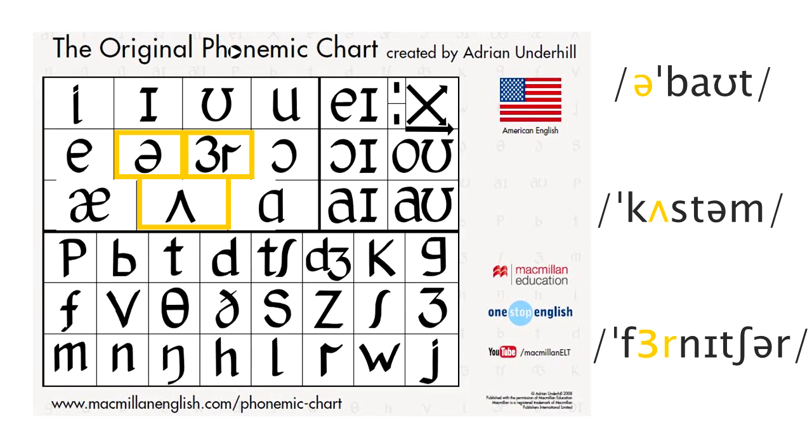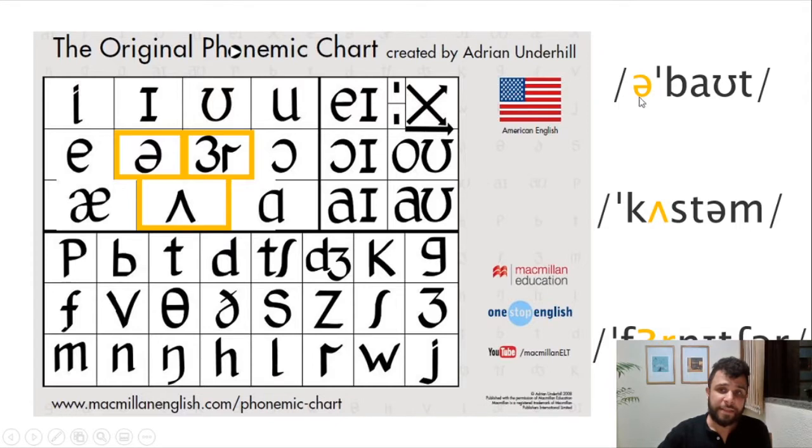Now, when should I use each of them? This is a schwa sound that happens whenever it is not stressed. So take a look. Where is the stress in the word about? Out. So the schwa sound comes before, it is not stressed. This is the convention symbol I'm going to use.